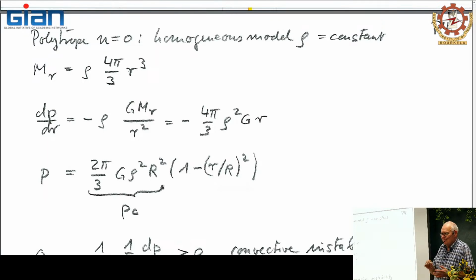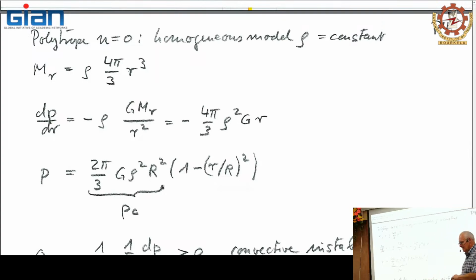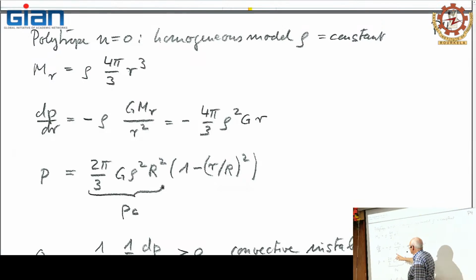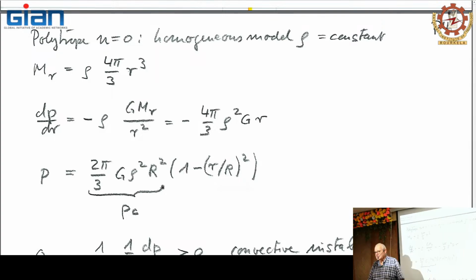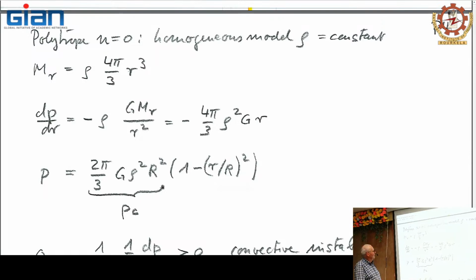It is the simplest stellar model, but you can write down the spectrum in closed form. If you have a constant density, the mass inside a sphere of radius r is simply density times the volume of the sphere. Then the pressure gradient is given, with density constant, by 1 over rho dp by dr equal to the gravity.